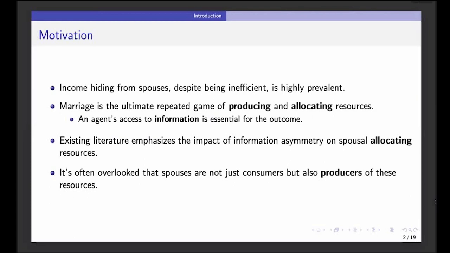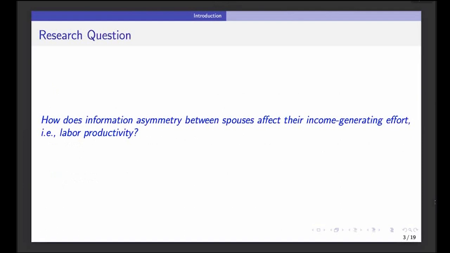The existing literature has looked at how information asymmetry affects how spouses allocate existing resources within the household, but it has often overlooked the fact that these two agents are not just consumers of these resources, but also producers of them. So naturally, we wanted to ask how hiding income, or information asymmetry, affects one's labor supply decisions. In plain words, if I tell your husband or wife how much you make this month, would that affect your decision of labor supply this month?